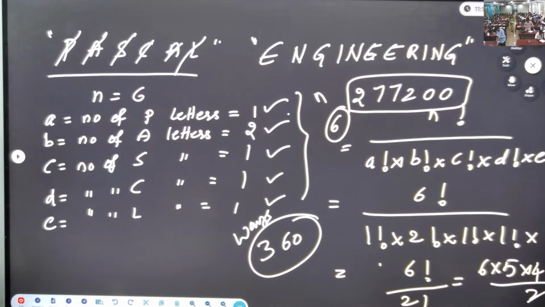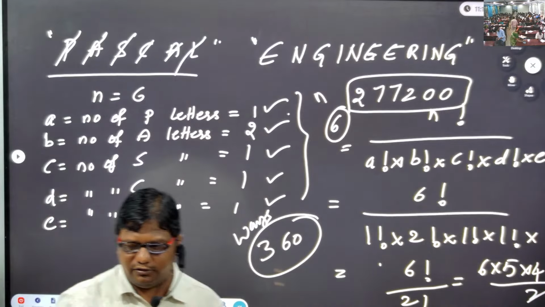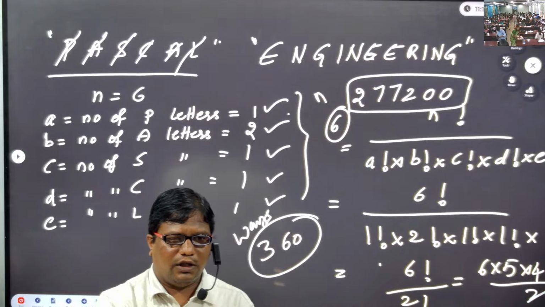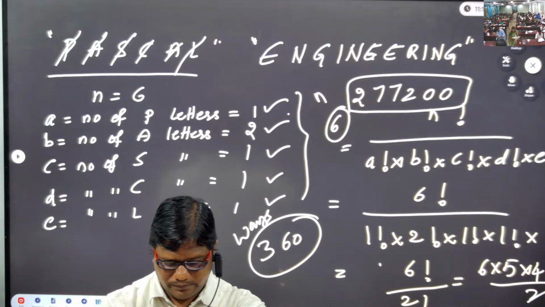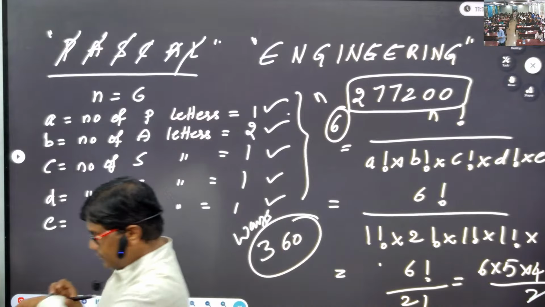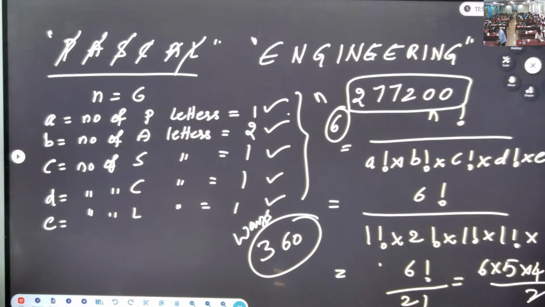Right. So next, only one problem for permutations and combinations. Then we will close. Last one. Try to find the number of permutations. Last problem for permutations.